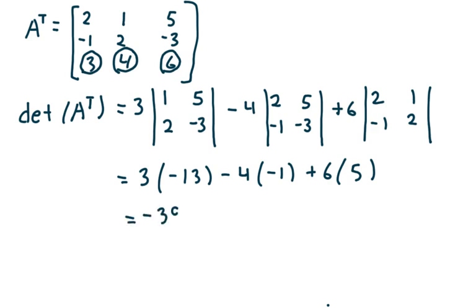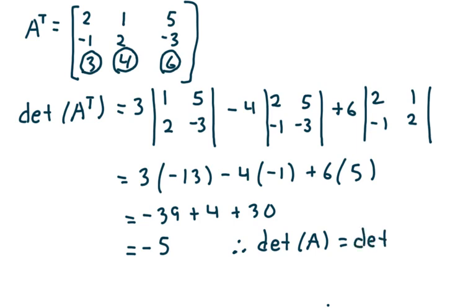So this is negative 39 plus 4 plus 30. It looks like that's negative 5, and we have thus verified that the determinant of A is exactly the same as the determinant of A transpose. That's number 3.